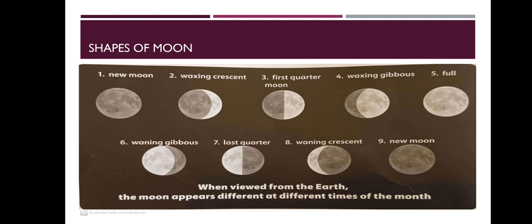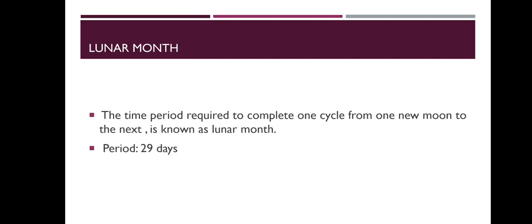Then there is waning crescent. Waning crescent means the crescent that is showing after the half moon or last quarter. And after waning crescent, here comes again the new moon. The cycle gets repeated and repeated. So these were the shapes of the moon.